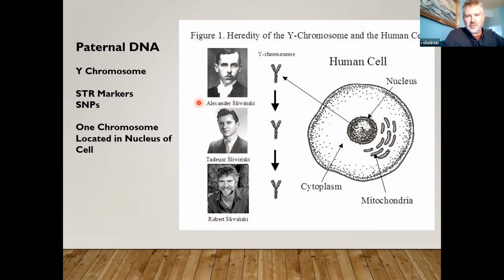Very few mutations occur between generations. So that allows you to go back through time, and with the number of changes that you see, you can determine how far back you have a common ancestor on the paternal line, and that paternal line usually follows a surname, but not always.